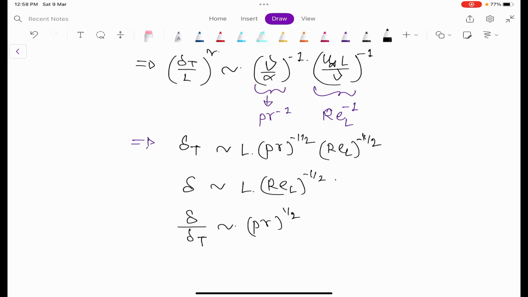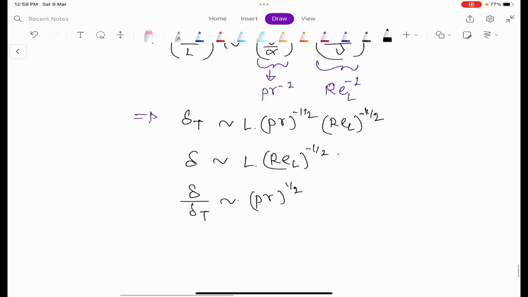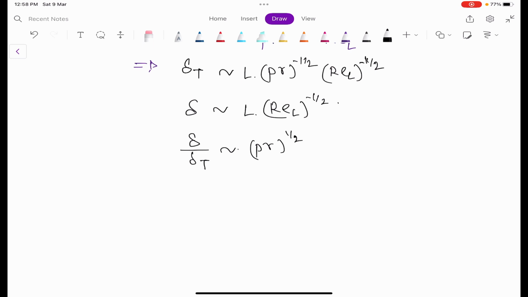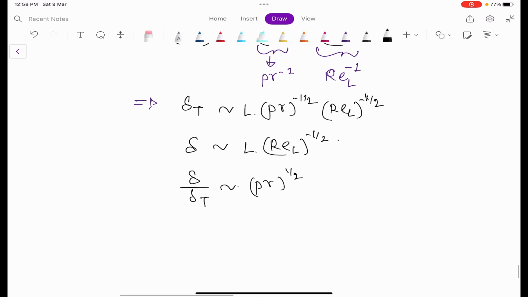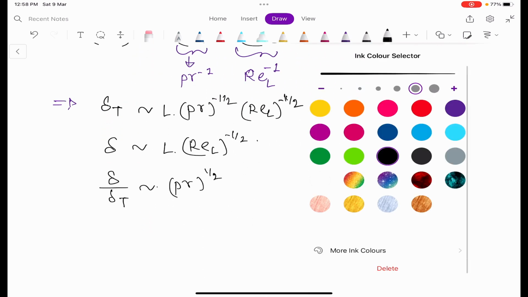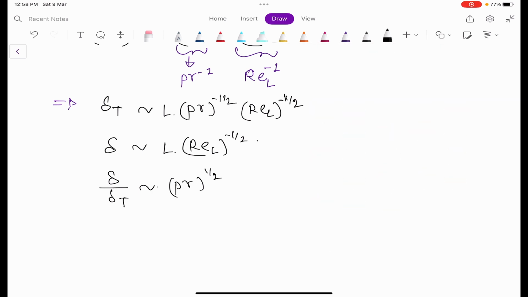There are some well established correlations. Now you apply some energy balance at the wall, and before that let me talk about a very important concept. Many interviews actually ask this. So if this is my flat plate, and the fluid is flowing from this direction, just adjacent to the plate these will be my fluid molecules.